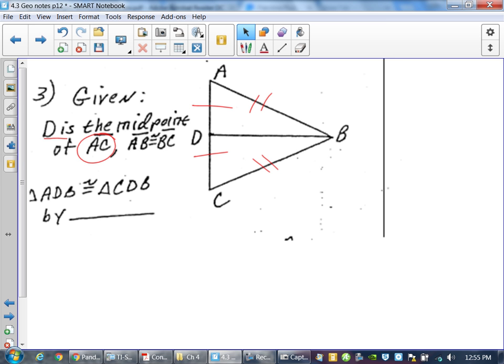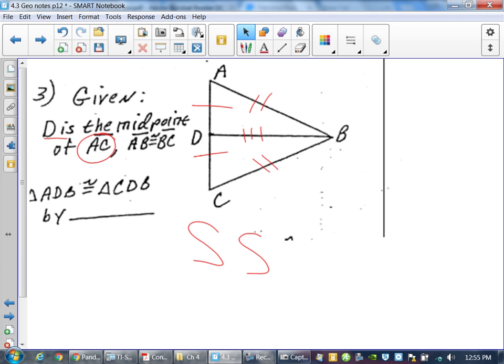As of right now, I have a side, which means I need to find another side or an angle in between them. What do I have? A side. Why can I mark DB? Not bisector. Why can I mark DB? Isn't it like reflexive? Reflexive. I swear I thought you said symmetric.